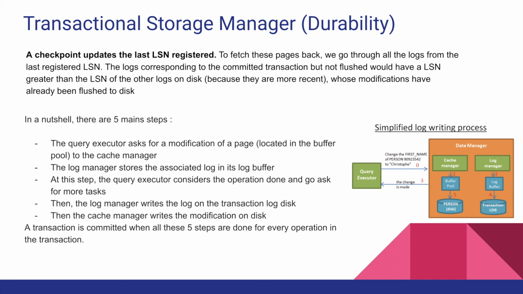At this step, the query executor considers the operation done and goes to ask for more tasks. And then the log manager writes the log on the transaction log disk. Then the cache manager, the buffer manager, writes the modification on disk. And a transaction is finally committed when all these 5 steps are done for every operation in the transaction.